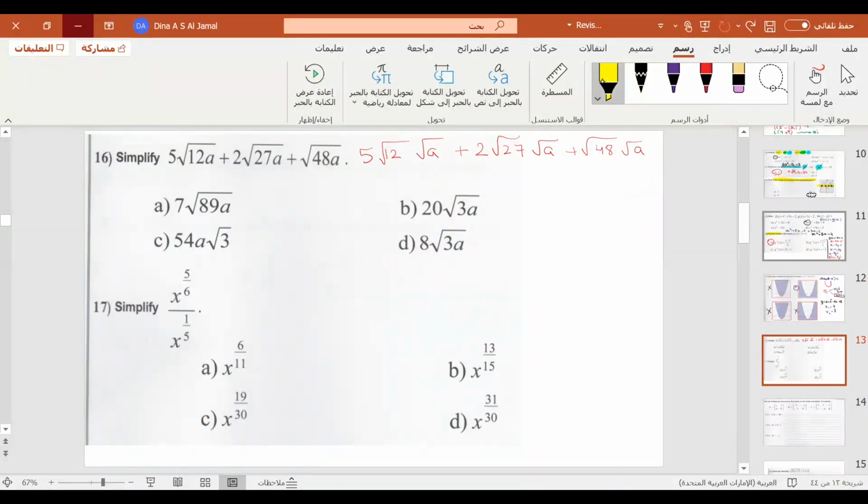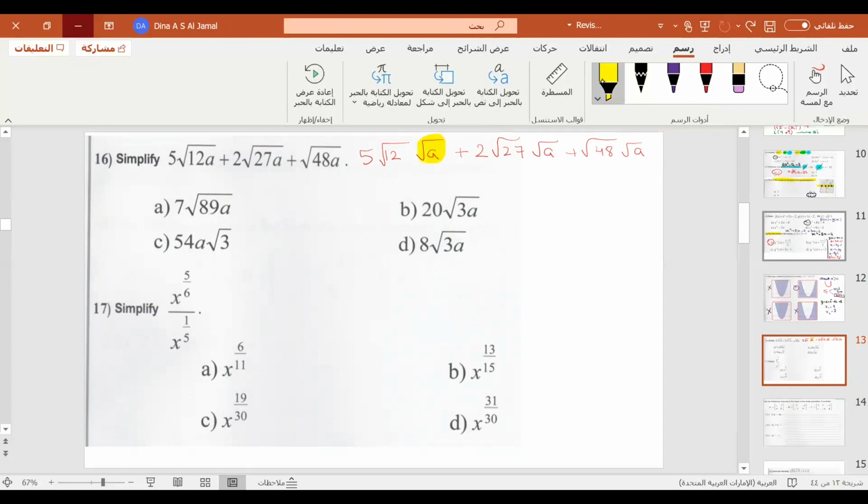Now what do you notice? You are having addition and you are having a common factor, GCF. So you can directly put your square root of A outside and start to add these terms together. So after adding them, you will be having 20 square root of 3.